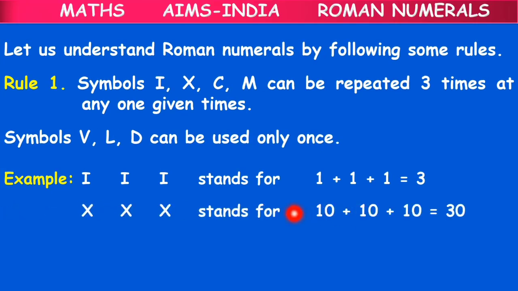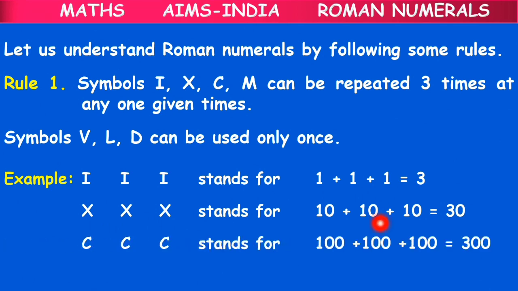The next one is again XXX. Again X can be used 3 times. X is equal to 10, so XXX stands for 10 plus 10 plus 10, which is equal to 30. Then C is equal to 100. CCC is 100 plus 100 plus 100, which is equal to 300.